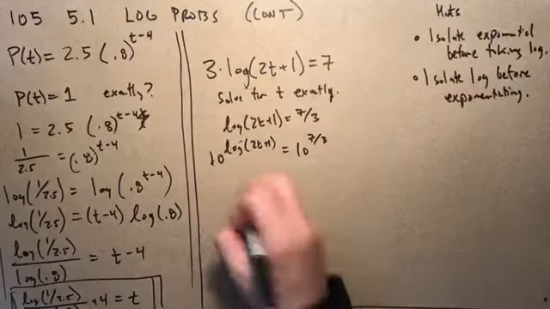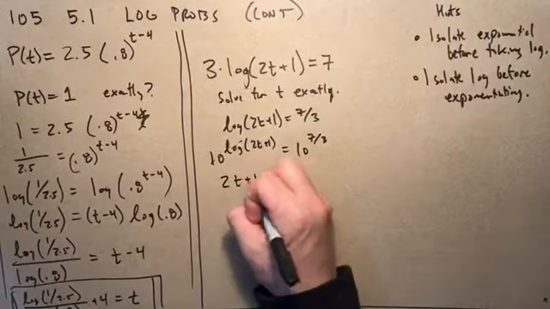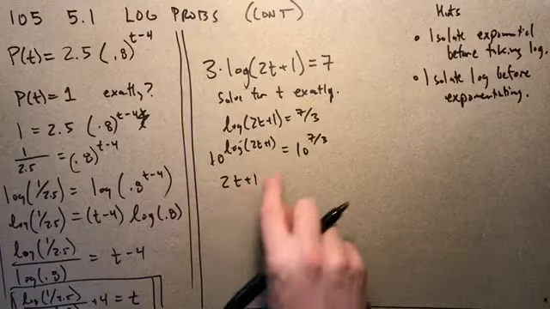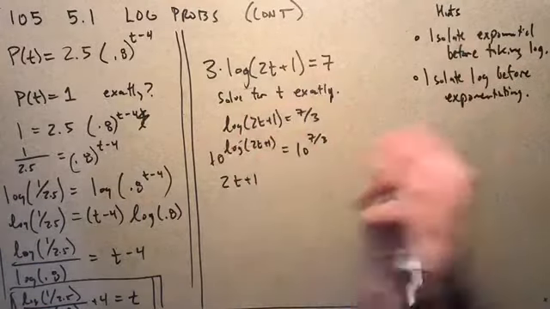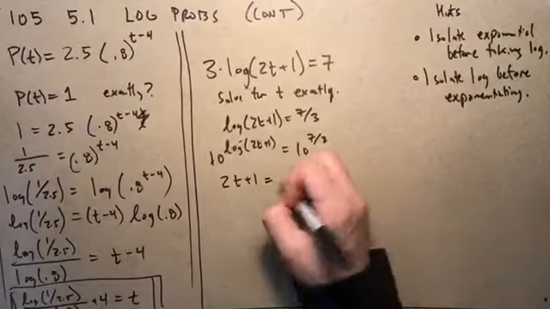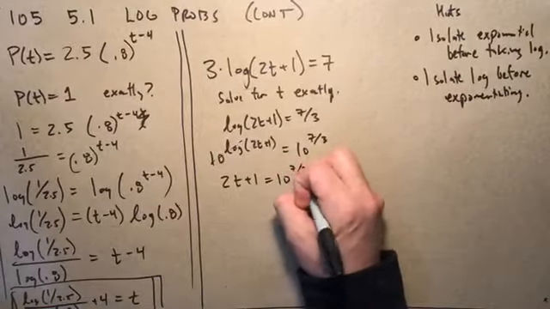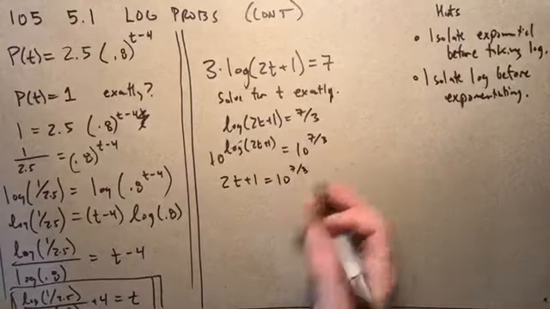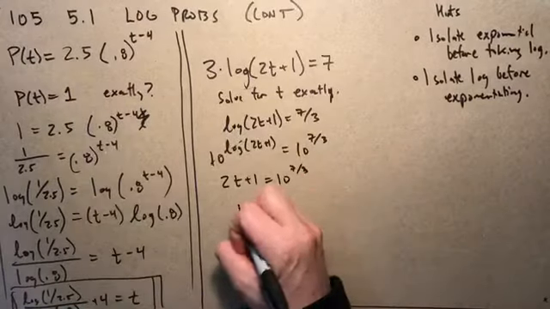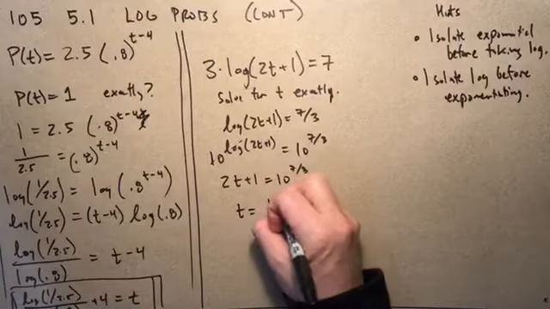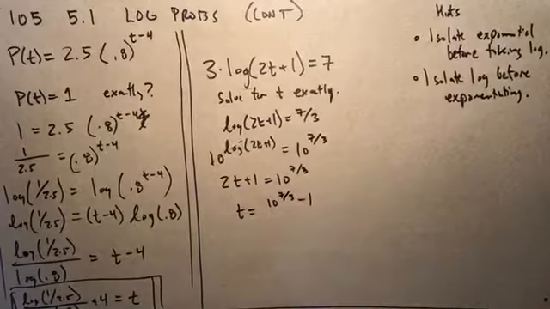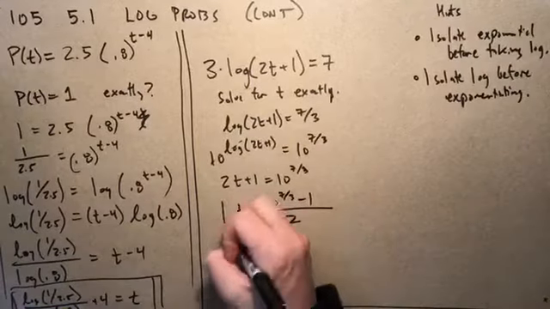Here, murder occurs. We're left with 2t plus 1, since this is the inverse function composition, and on the right, 10 raised to the 7/3 power. And at this point, I think we have a one-stepper. t is equal to 10 to the 7/3 minus 1, all of which is divided by 2.